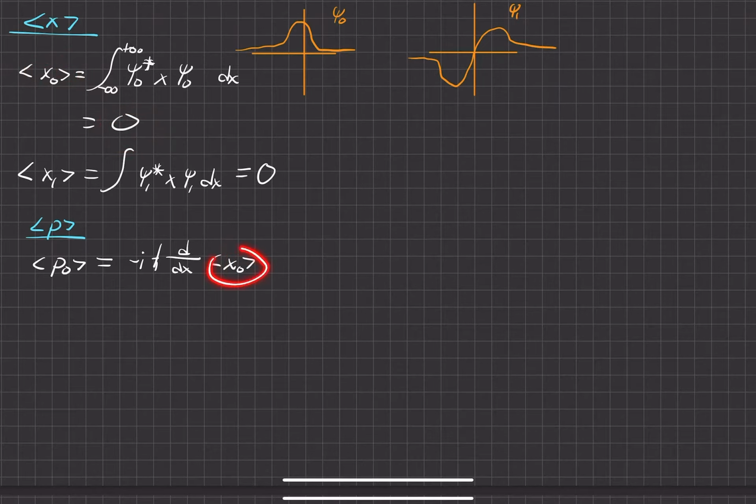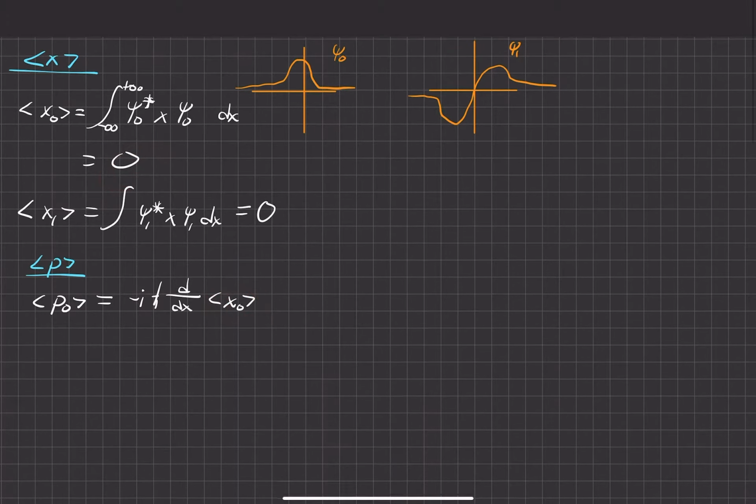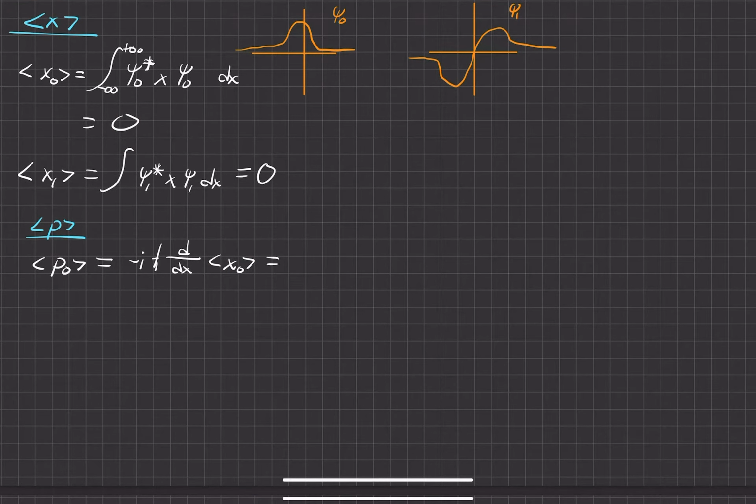And since this is actually 0, which we found out over here, that means that the expectation of the momentum for the ground state is going to be 0. And also, as you can maybe guess, this is going to be equal to 0 too, because this will just be the expectation value of the first excited state, and that's just a 0 for the position value.